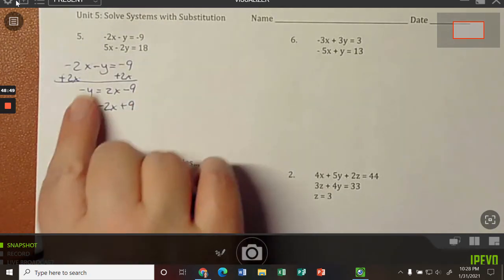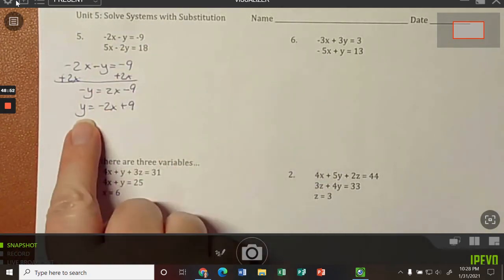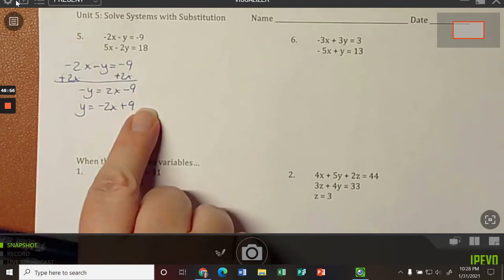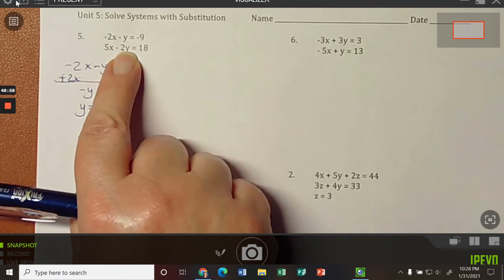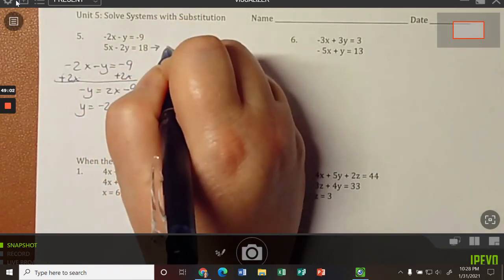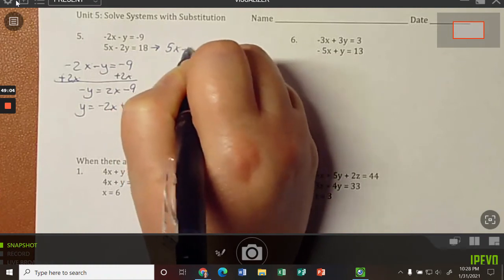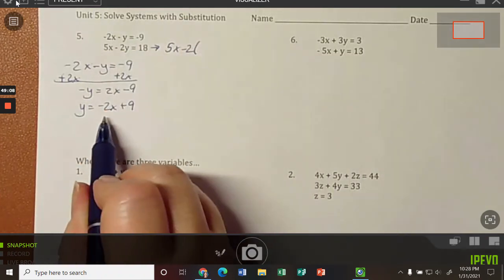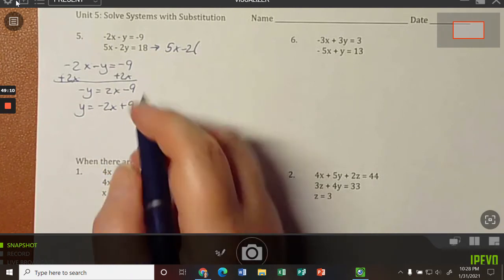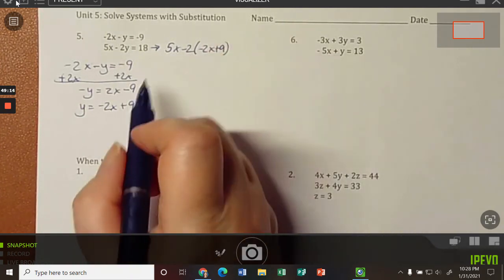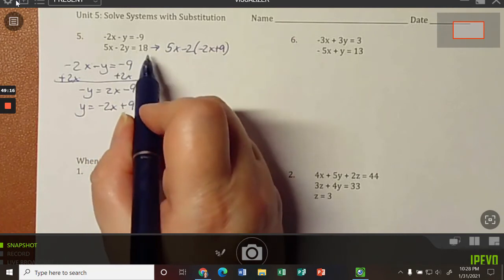And so since I rewrote the top equation and it's now expressed as y equals, I'll substitute that into the second equation. So now this was going to be 5x minus 2 times y, but instead of y, we're substituting in negative 2x plus 9, and then equals 18.